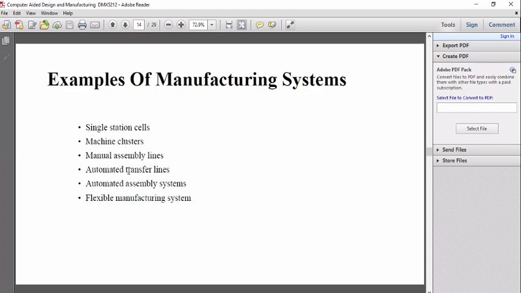Also automated transfer lines, which transfer materials or parts from place to place. Also assembly lines and flexible manufacturing systems. We will learn all these later on. A flexible manufacturing system is a system where you can reprogram quickly without changing the physical configuration.